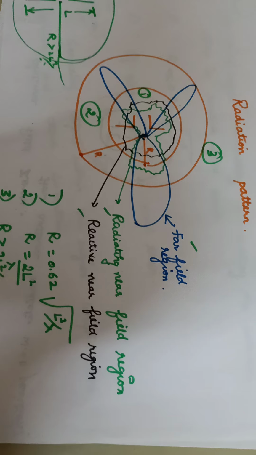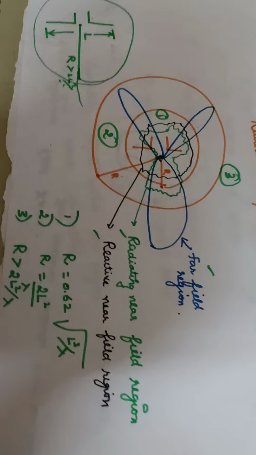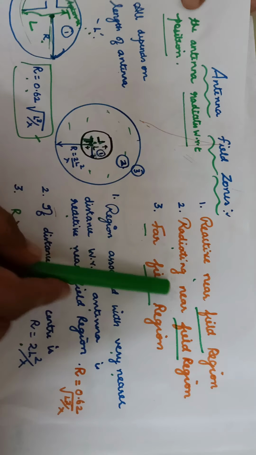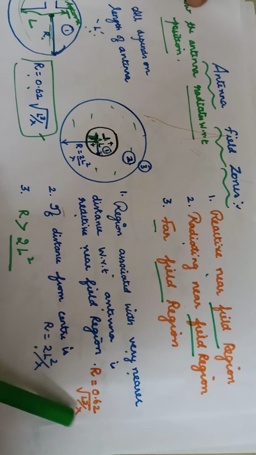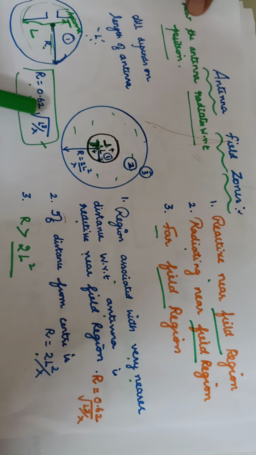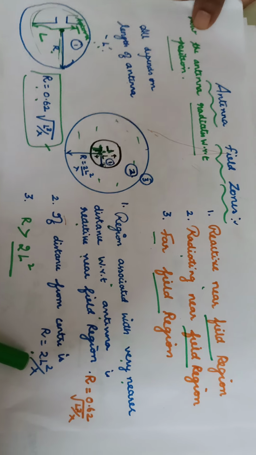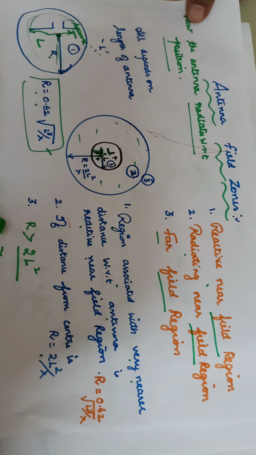So what we have learned so far: radiation field zones, three different antenna field zones are there. They are reactive near field, radiating near field, and far field. Reactive near field contributes to the region for R equal to 0.62 root of L cube by lambda. The second region is R equal to 2L square by lambda. Then the third region is greater than 2L square by lambda.